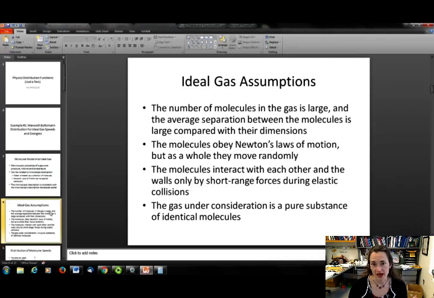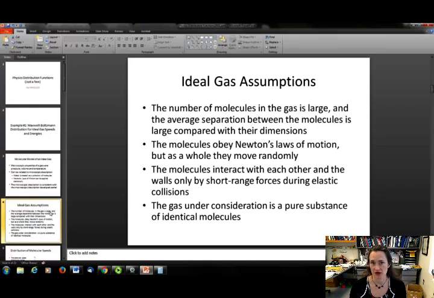In order to do that, you have to make certain assumptions. First of all, you need to assume that you've got a lot of gas molecules, a few moles. You can't just have 10. That's not going to work. You also have to assume that the average separation between the molecules is large compared to their dimensions. This is one of the assumptions for a gas anyway.